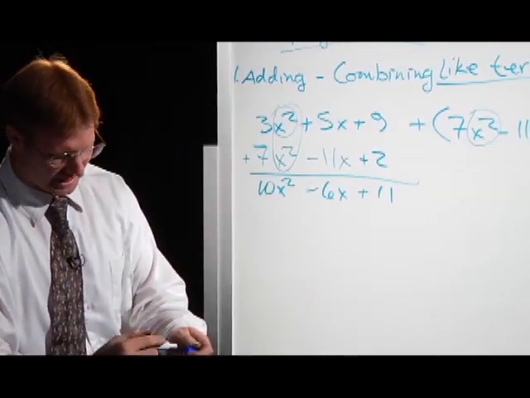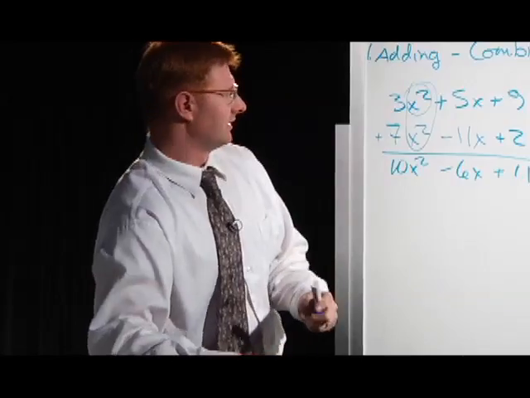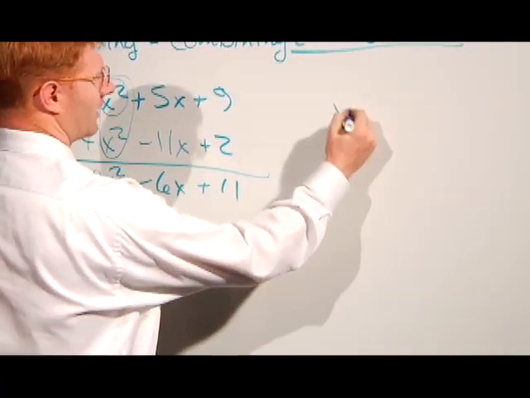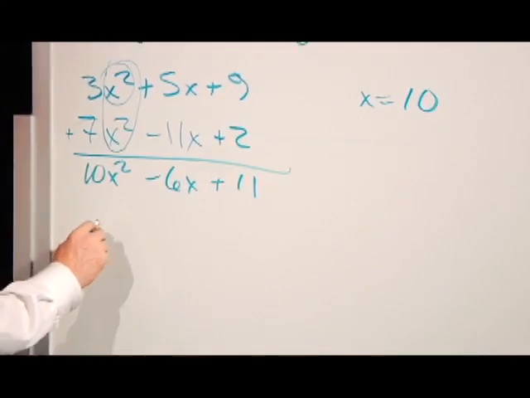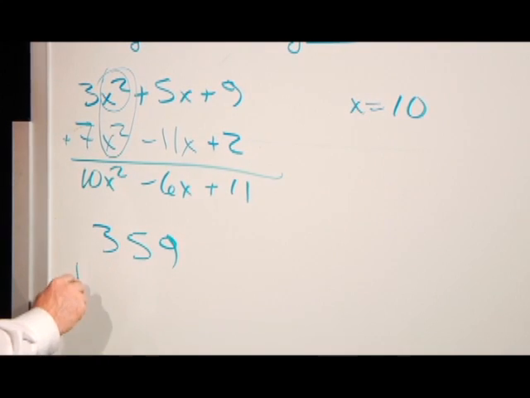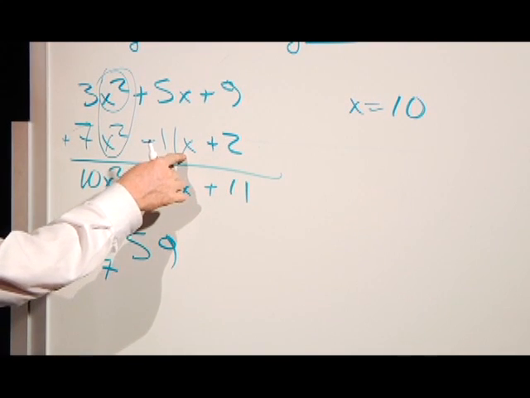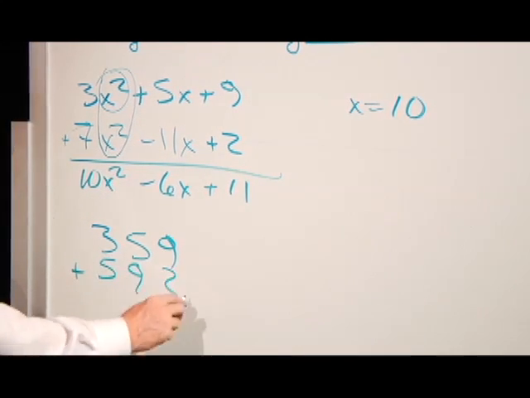Now, for you tutors, I would not suggest doing this with your students often, but you should note that in particular, if you took this problem where x equals 10, this is how we write bases. This would be 300 plus 50 plus 9, which is 359, plus 700 minus 110, so it's 592.